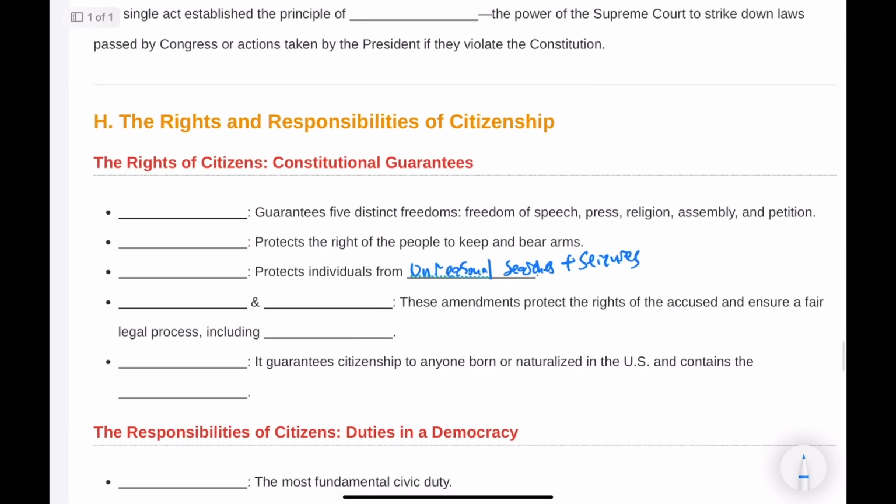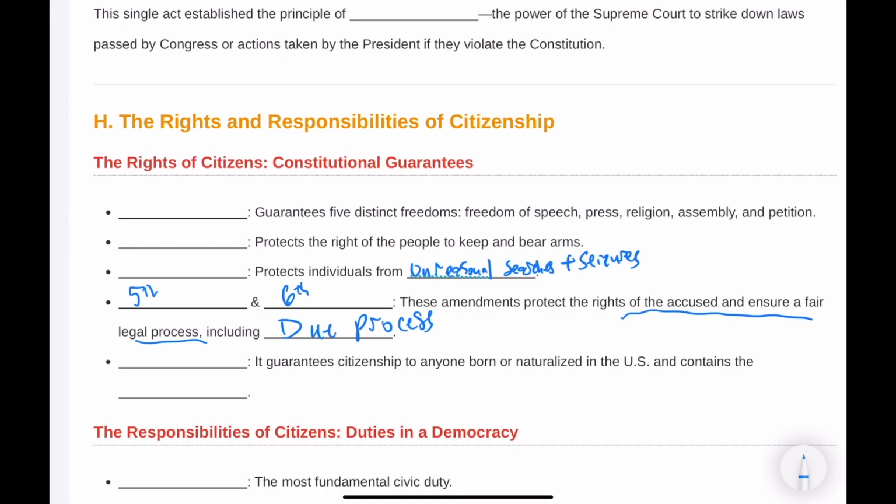And next we have blank and blank, these amendments. So we have 2 different amendments, and this would be the Fifth Amendment and the Sixth Amendment, which protects the rights of the accused and ensures a fair legal process, including what's called due process.